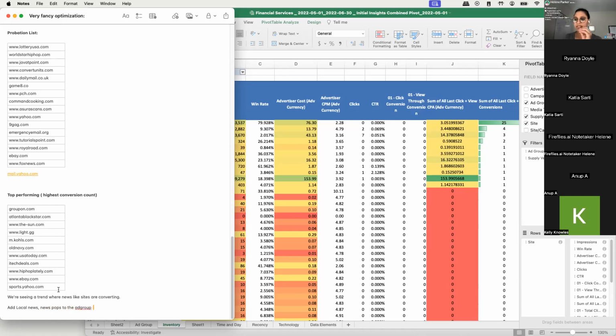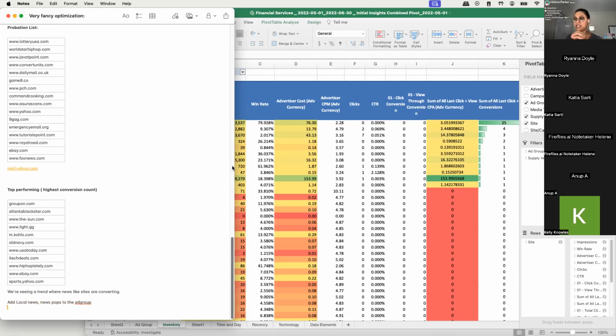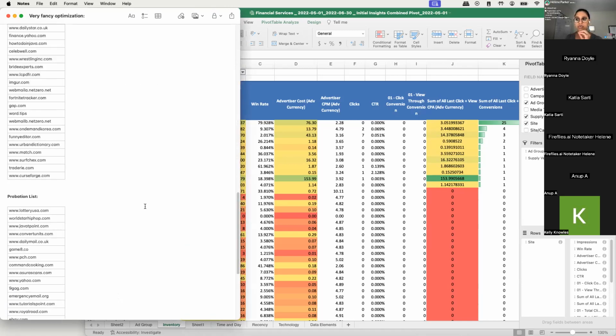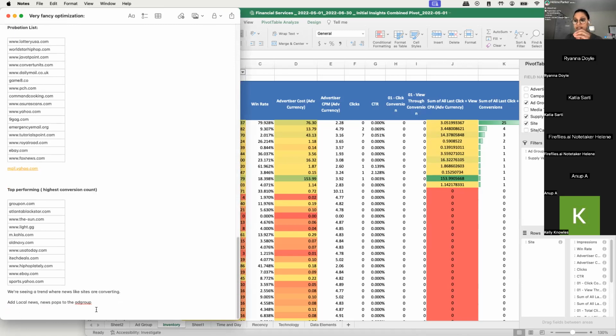Okay. And then the next step is that if after adding this, you continue to see the trends increase, then you go back to the client and say, we are seeing that your audience is indexing high on those news-like sites, even after I'm adding those PMPs, those specific inventory paths, to my ad group. Maybe we should have a creative specific to news readers, okay? And then you can test that, all right?